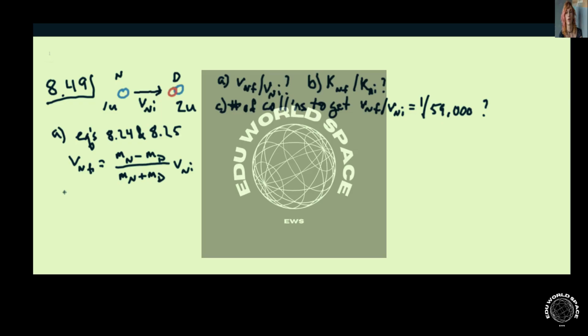And so since we want a fraction of the speed that's left, we take this, and this is 1, this is 2, so this is -1, this is 3. So this is -1/3. So the neutron bounces back right in the direction that it came. It's the negative sign here, and it's moving 1/3 as fast as it was before.